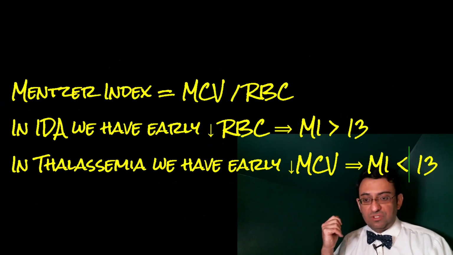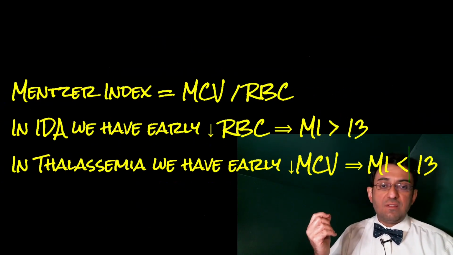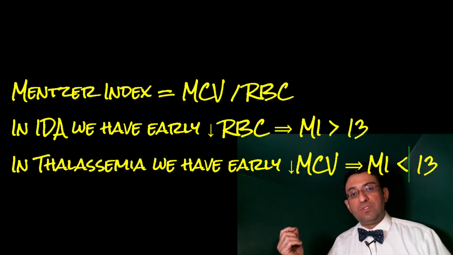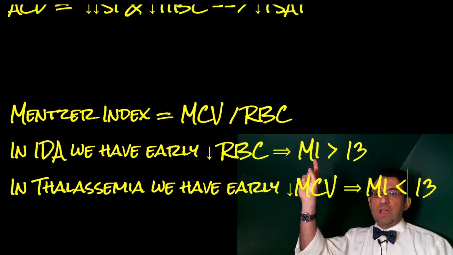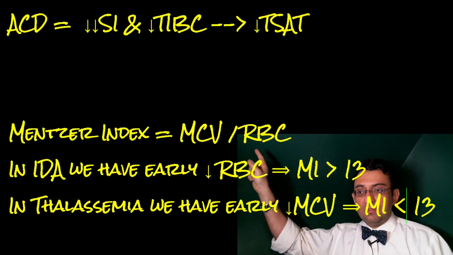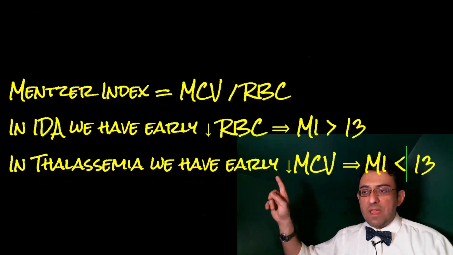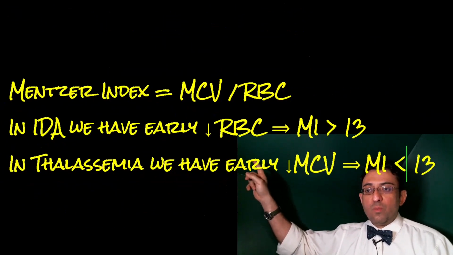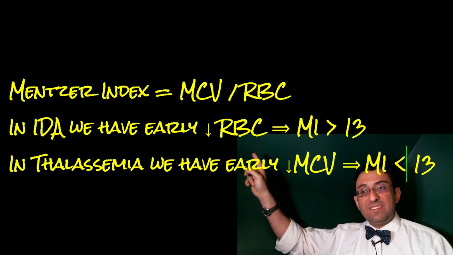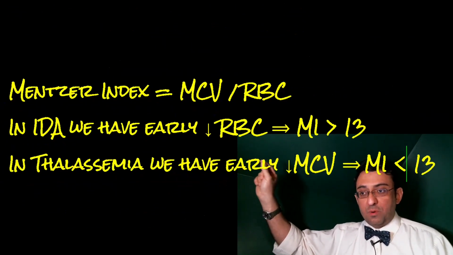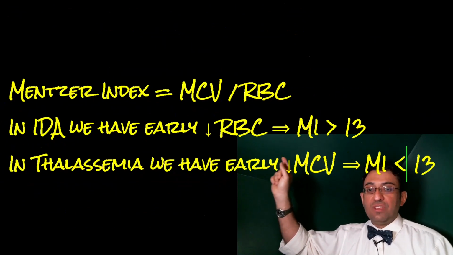It's an index that helps us understand the most significant change in thalassemia as opposed to the most significant change in iron deficiency anemia. It's defined by dividing the MCV value by the RBC count. Don't worry about the units for now. Now, remember that in iron deficiency anemia, we have an earlier and more striking reduction in RBC number, again out of proportion to the reduction of MCV, and earlier than changes in MCV.